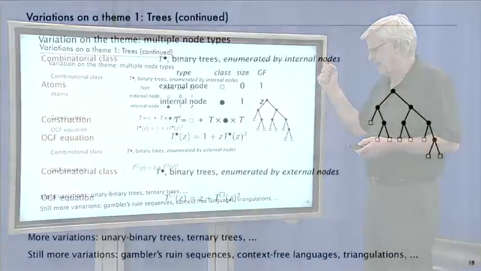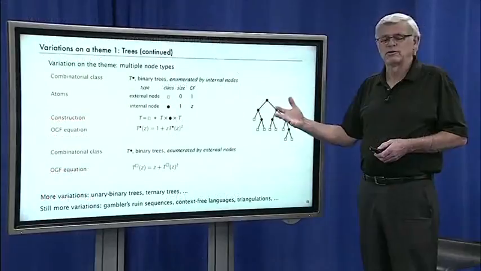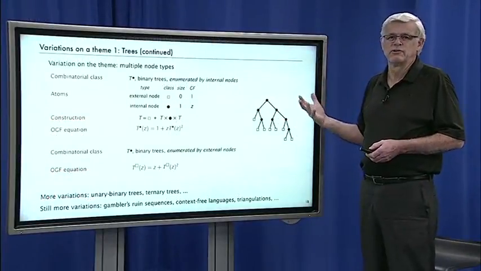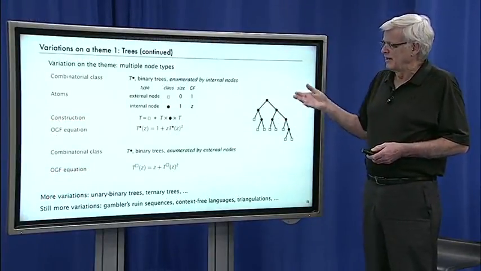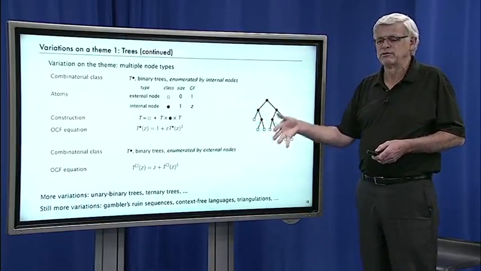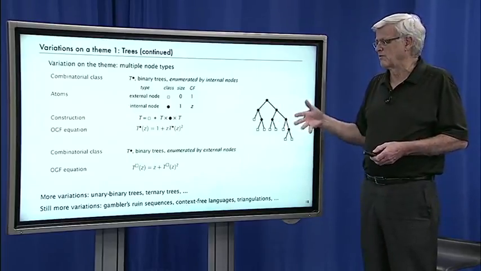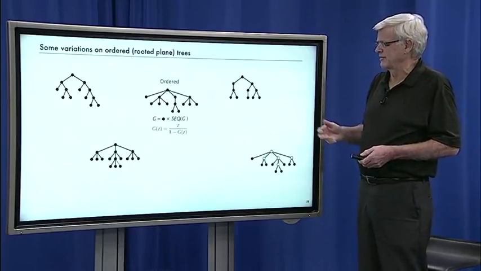Gambler's Ruin paths, or context-free languages, or triangulations, and all sorts of other combinatorial structures are equivalent to tree structures. So these basic kinds of operations are going to lead to generating function equations that help us enumerate a very, very broad variety of combinatorial structures.